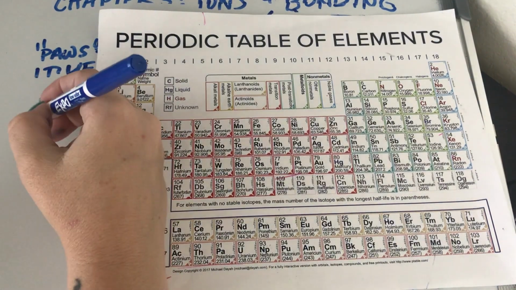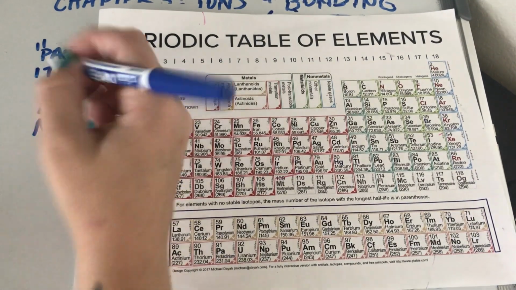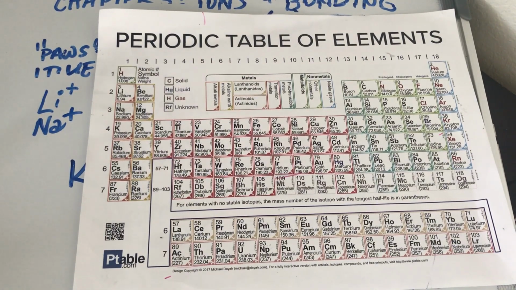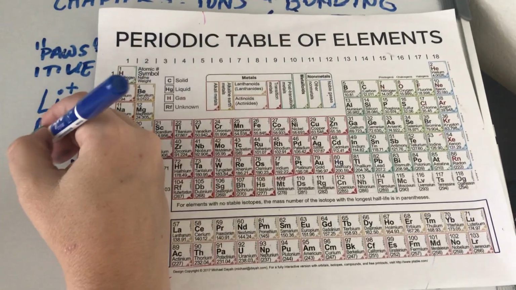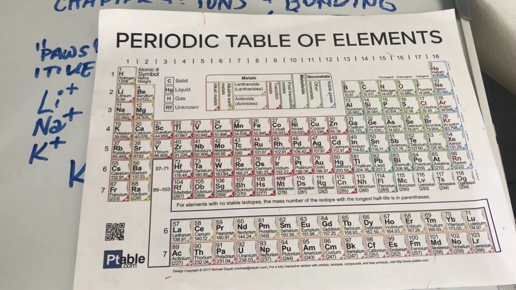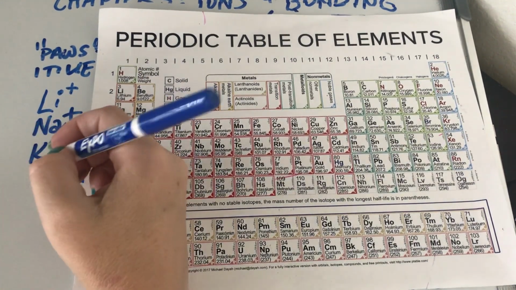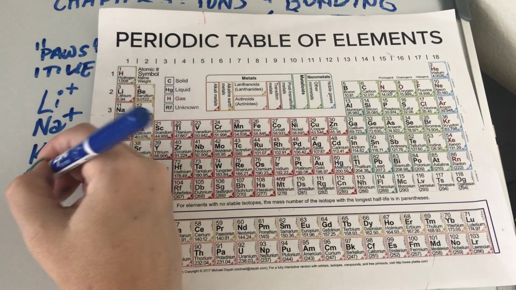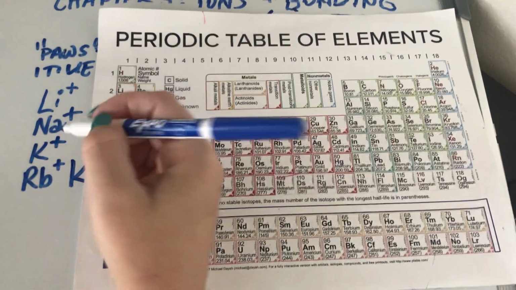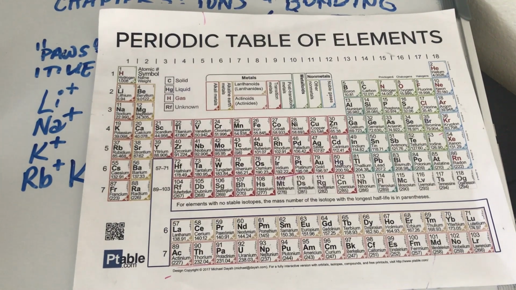Na+1. We said potassium. K+1. Rubidium. Rb+1. Cesium.